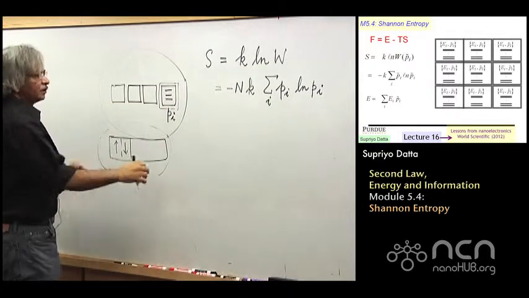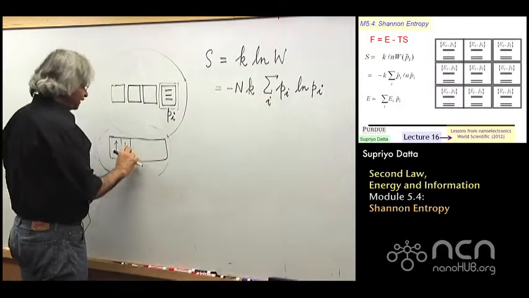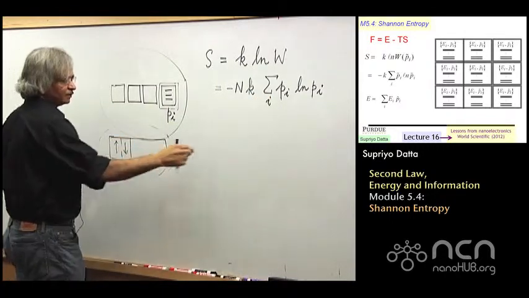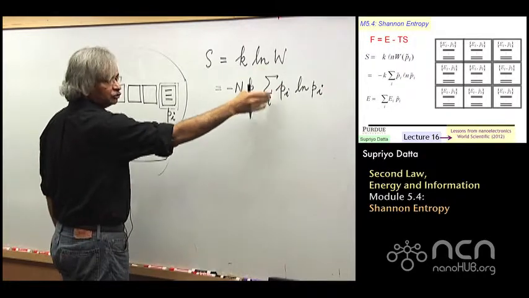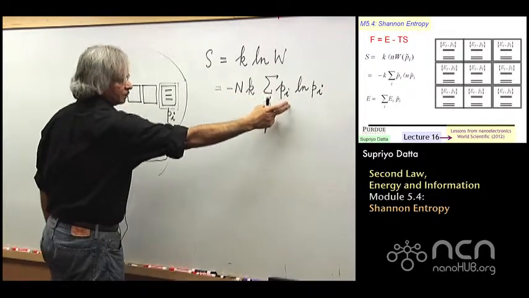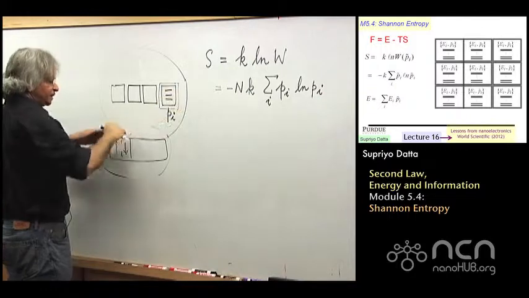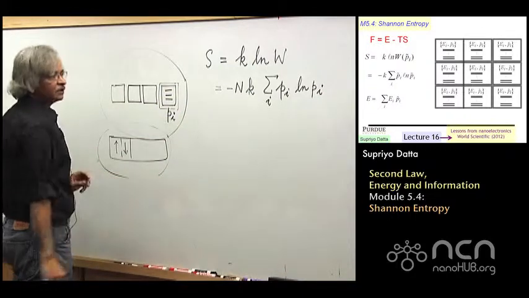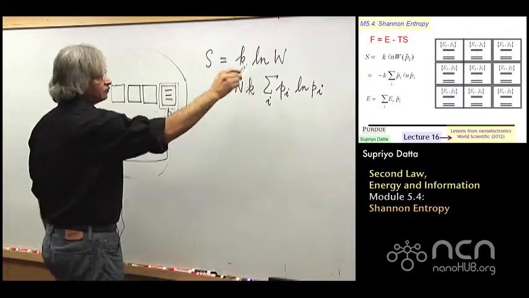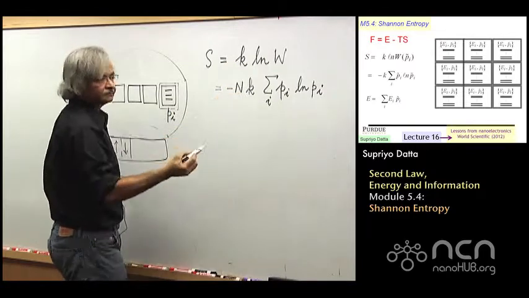So if an individual spin has 2 states available, then this i runs over 1 and 2. That's it, pi log pi. And then n is just the total number of spins. So what I'm trying to do then is go from here to here.